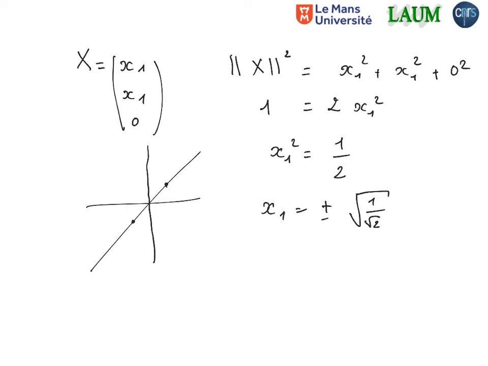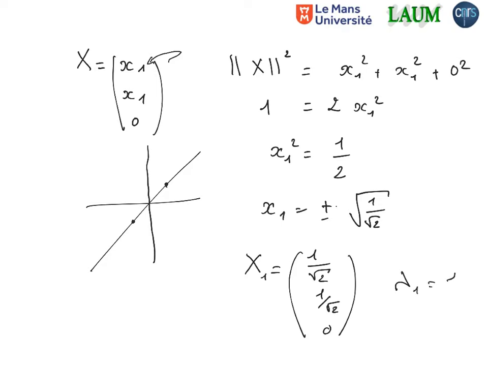And the one that I want is the one with a positive first component, which means that I need to put a plus here. So my vector x is equal to (1 over square root of 2, 1 over square root of 2, 0). And then I have the solution, my first eigenvector x1 associated to lambda 1 equal to 1.